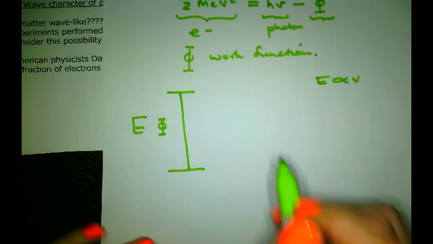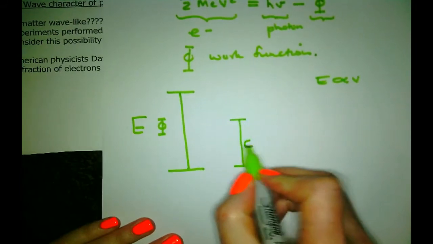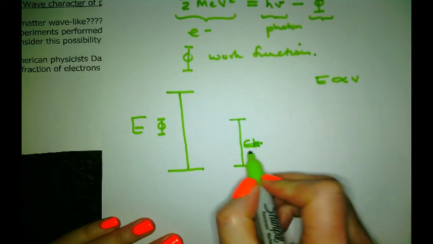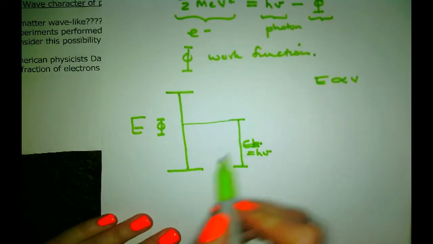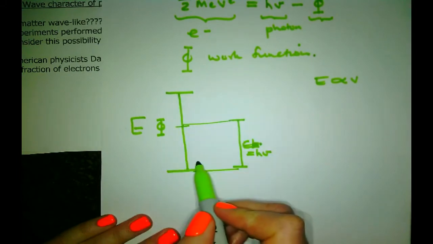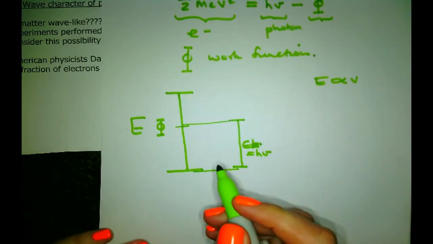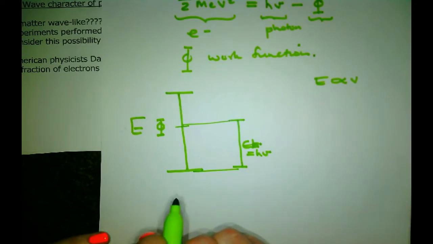Remember, energy is proportional to frequency. So let's say your photon has this energy, E equals h nu. Clearly that photon does not have enough energy to overcome the work function. So in this case, no electrons will be ejected. That is your first observation.